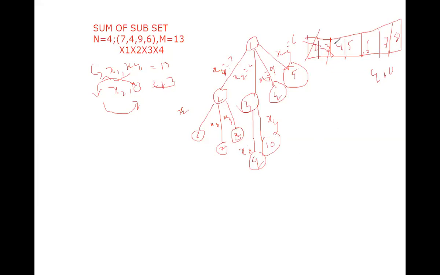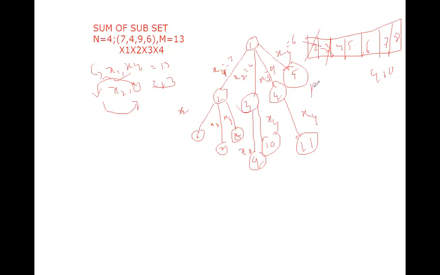Then which element do I want to expand? Next 4. So x2, x3 is there and x2, x4 is there. After x3, the only element pending is x4. So here I can expand only x4, that is node 11. After x4 there are no elements left.